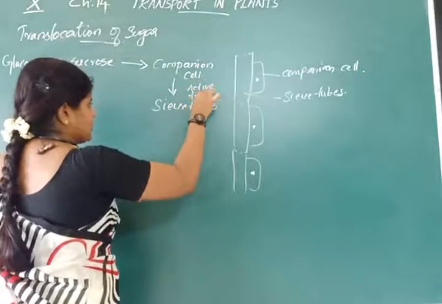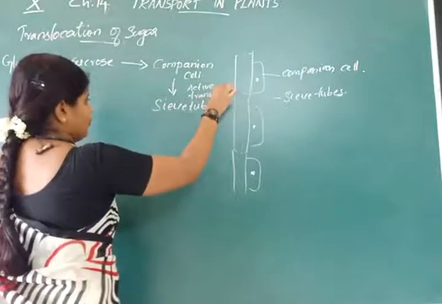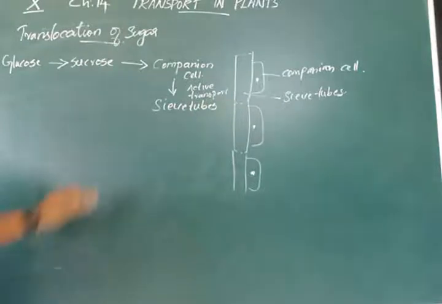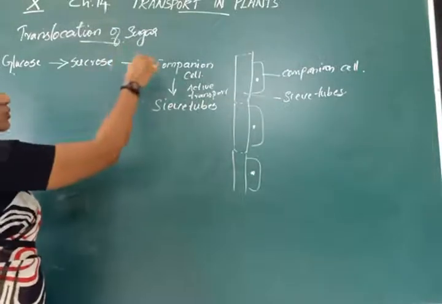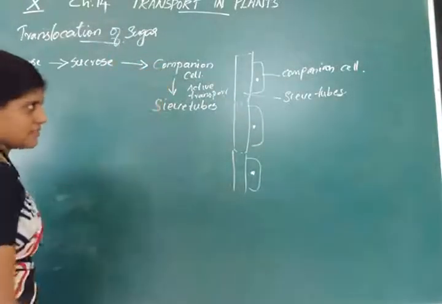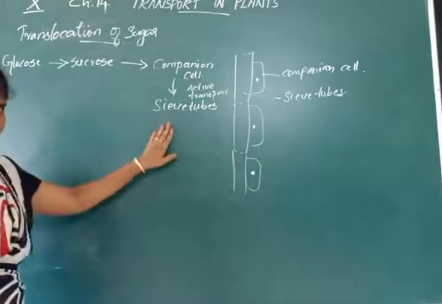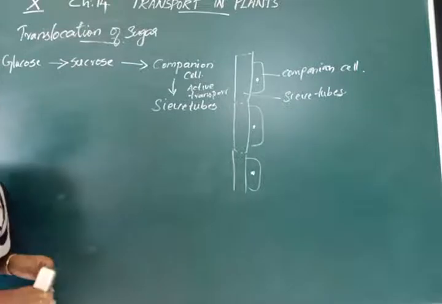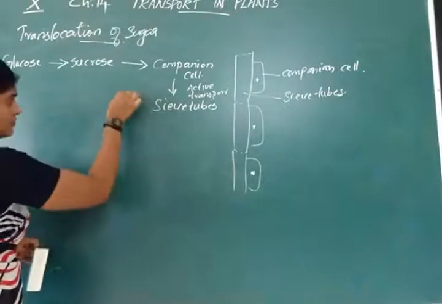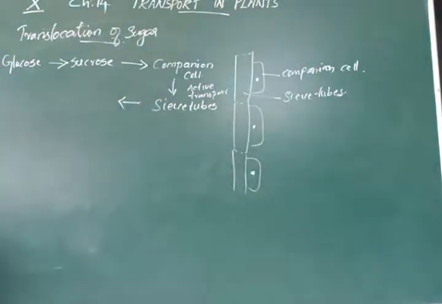So the prepared food, glucose, is converted to sucrose, and this sucrose is transferred to the companion cells in the phloem, and from the companion cells it is moved to the sieve tube through active transport.